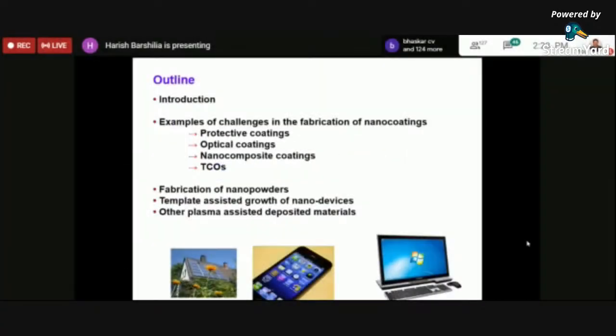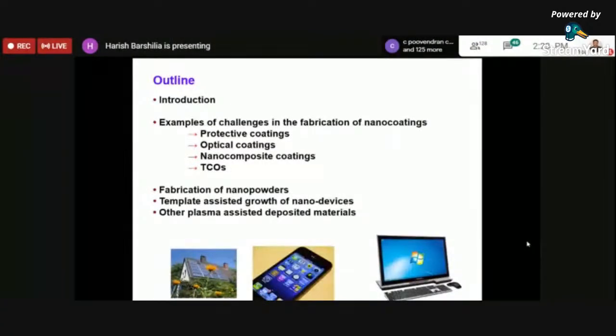The outline of my talk is like this. I will just give an introduction and then various kinds of coatings like protective coatings, optical coatings, nanocomposite coatings, and some of the oxide coatings, which are transparent.